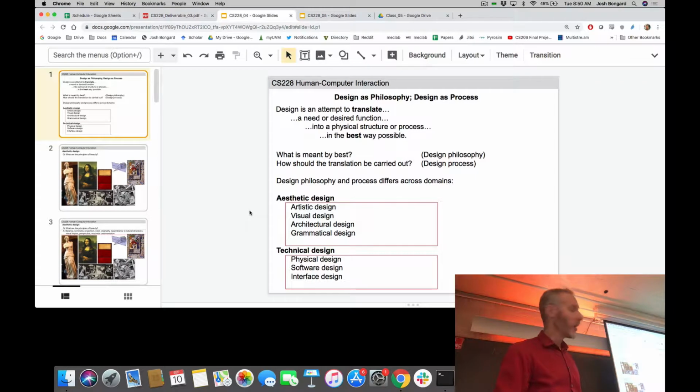We're then going to march from very subjective domains of human endeavor to increasingly objective domains, where we can sit down, or our users can sit down, and say this product is designed well or poorly. We're going to get more of an objective viewpoint back from our users about whether this product works or it doesn't. As I mentioned before, and you probably figured out by now, HCI really sits somewhere in the middle.